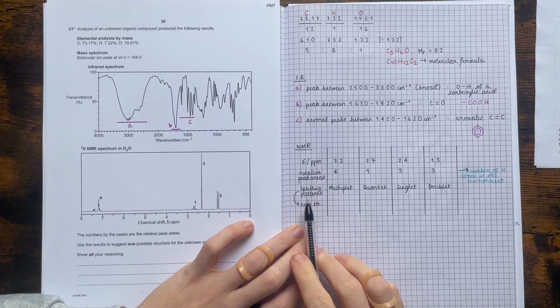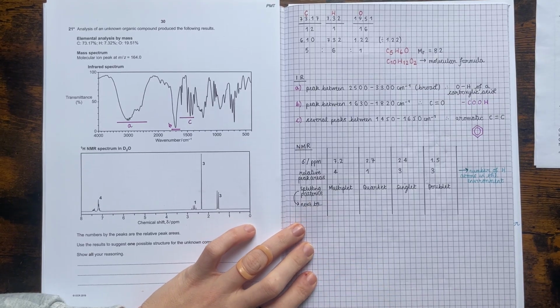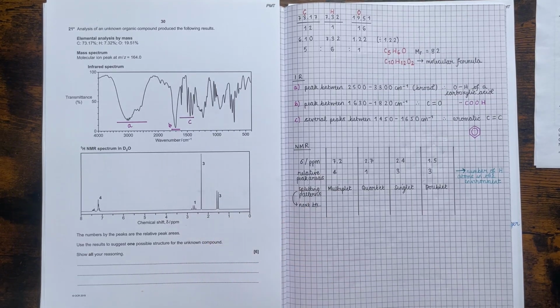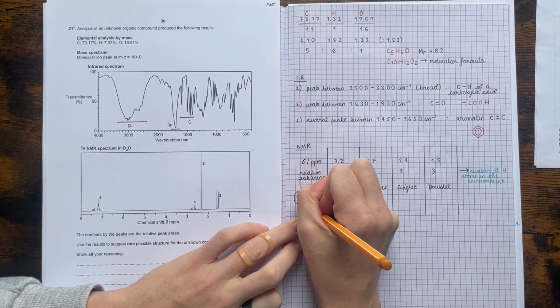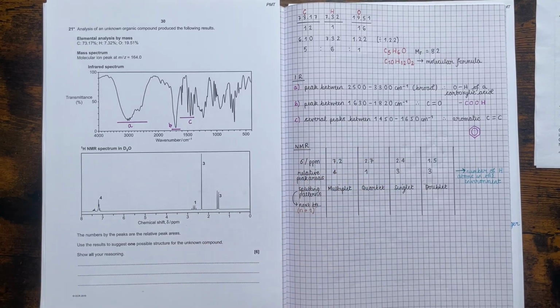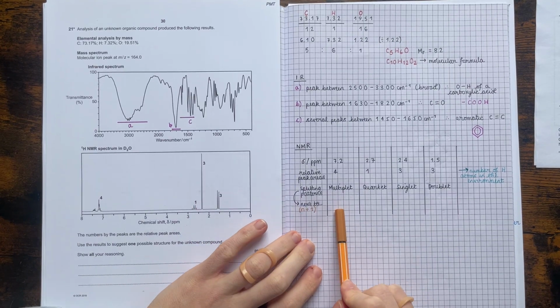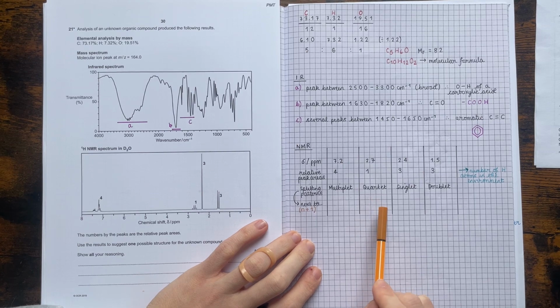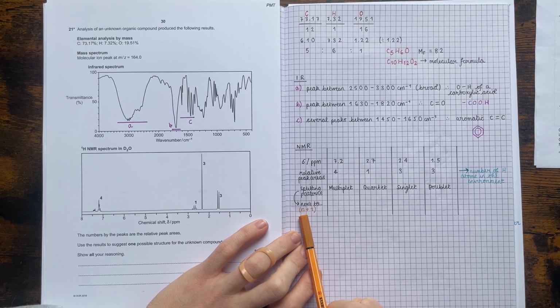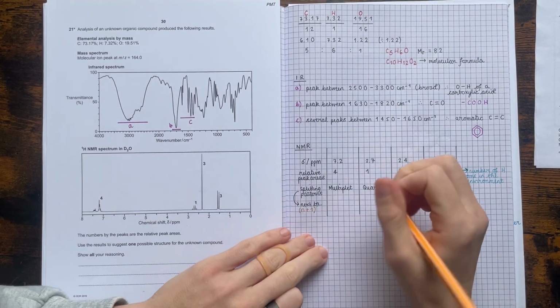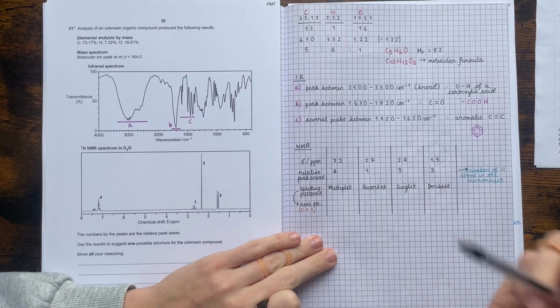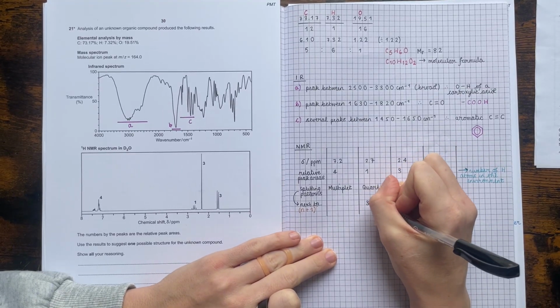Now, in terms of how many hydrogens they have to be next to, we use the n+1 rule, where n is the number of neighbouring hydrogens, and then we add 1 to that, and that shows the splitting pattern. So I can't fill that in for the multiplet, but for the quartet, to be a quartet peak, there needs to be 3 neighbouring hydrogens, because 3 + 1 gives 4. So that's going to be next to 3 hydrogens.